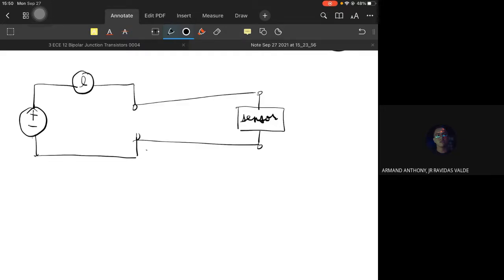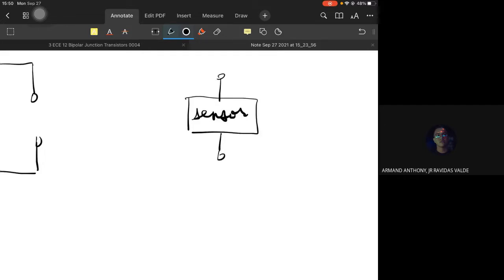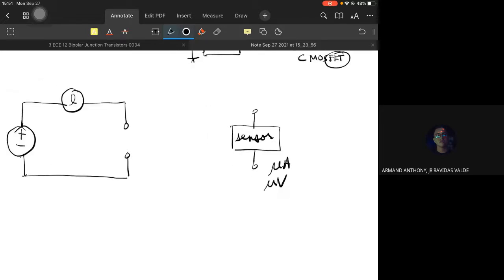Doesn't work like that. Usahay gani ang output signal sa sensor is naa sa mga microampere nga range ug microvolts nga range. So dili siya same like sa mechanical switch nga mo-connect diretso for us to have a complete circuit.